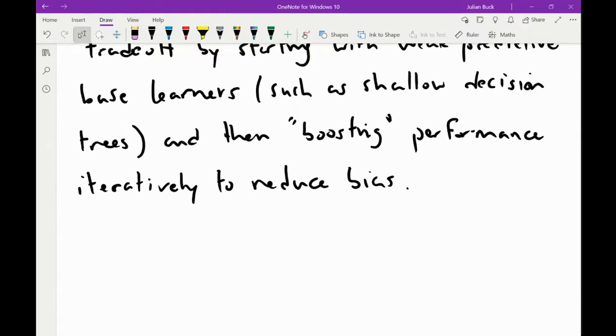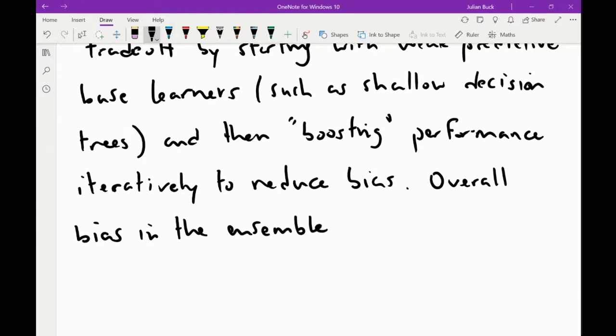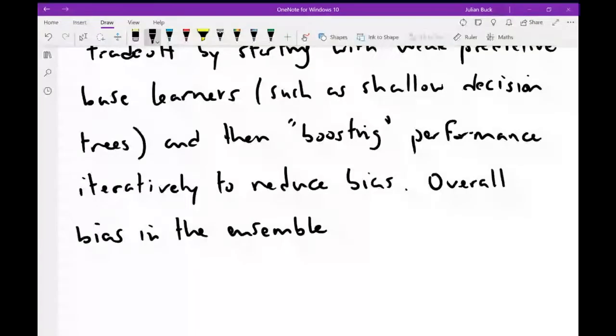Okay. So overall bias in the ensemble is not reduced just by aggregation like it was before, because remember, just averaging high bias models doesn't reduce bias, right? Bias is robust against bootstrapping. Okay.